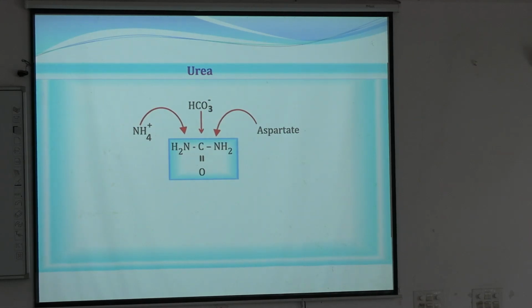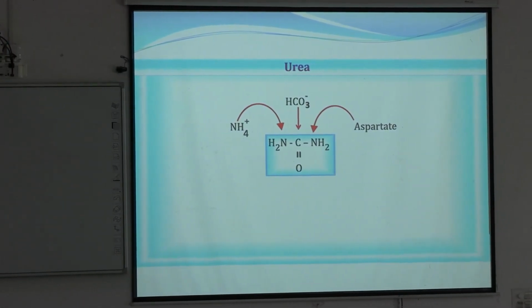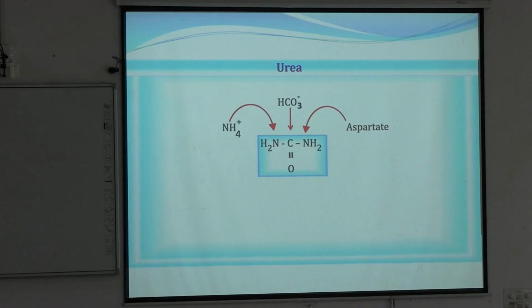We will see later in the urea cycle itself how aspartate gives the second nitrogen group, but this is an important MCQ question: what are the sources of the two nitrogen groups of urea. One is from ammonium ion, another is from aspartate, and the carbon is from carbon dioxide that is produced in our TCA cycle. Carbon dioxide with H2O forms the bicarbonate form, and it is incorporated to form urea.